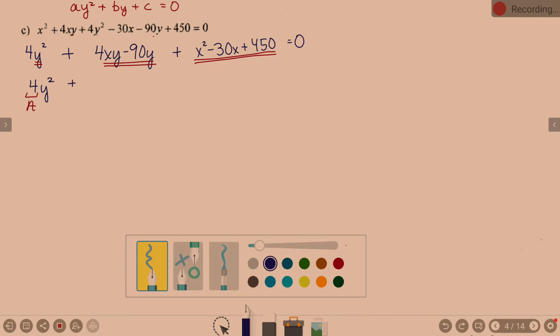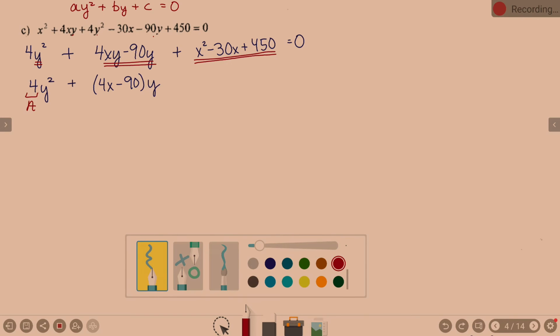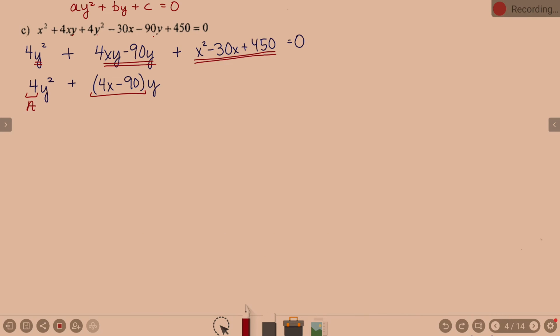There's a 4x and a minus 90. So I'm going to put 4x minus 90 in parentheses, and put the times y afterwards, trying to lead you to see that this 4x minus 90 is your coefficient of y, which makes this our b value.